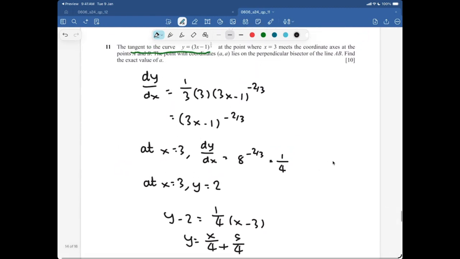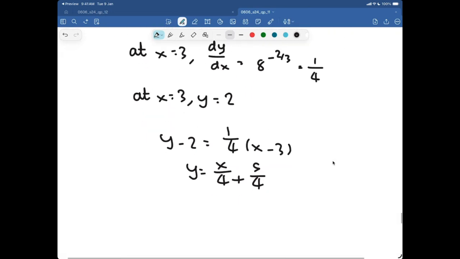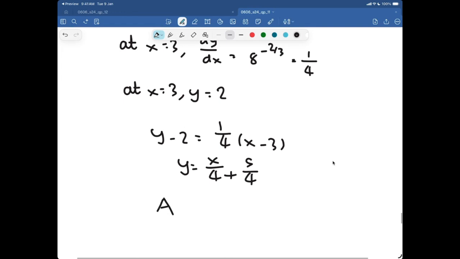Okay, good. The point A lies on the perpendicular bisector of the line AB. So we now have to find AB. Let's say A is where the tangent cuts the y-axis, so you can sub x equals 0 to get 5 over 4.